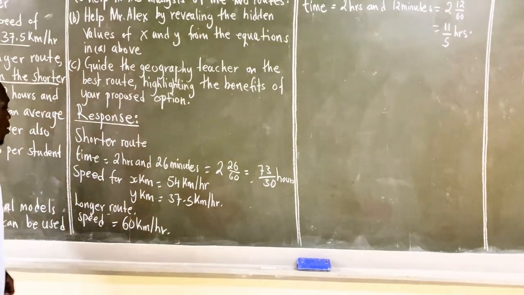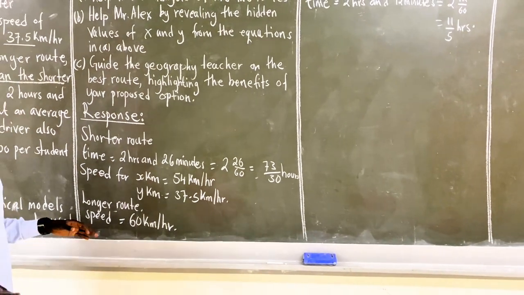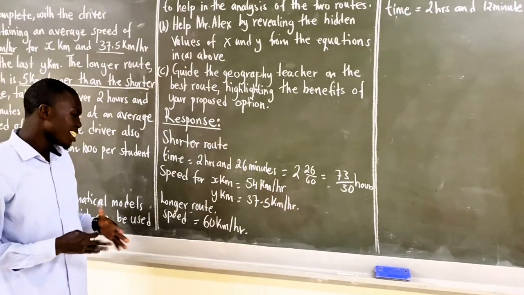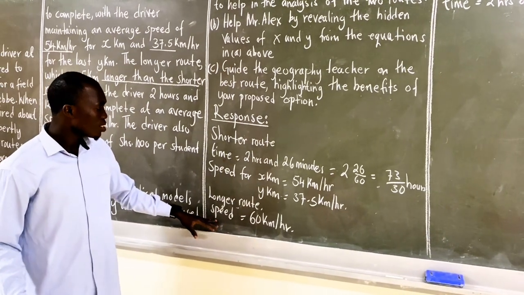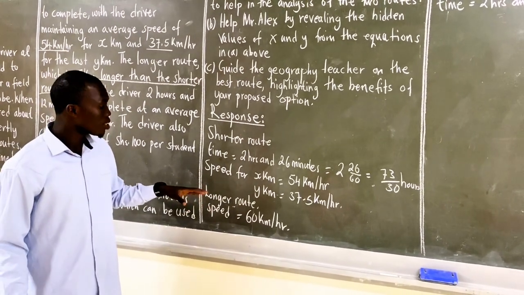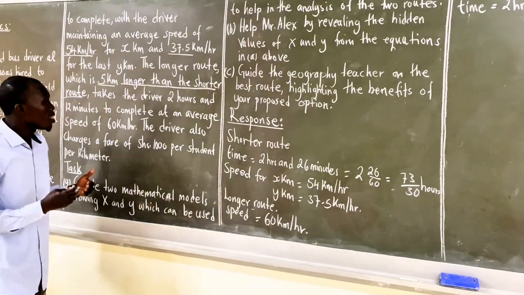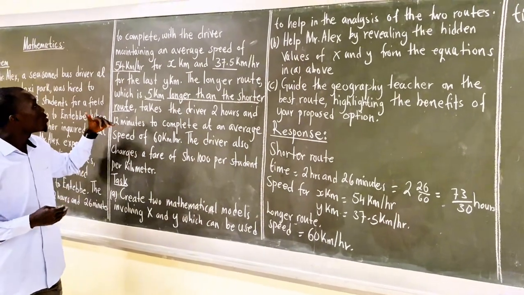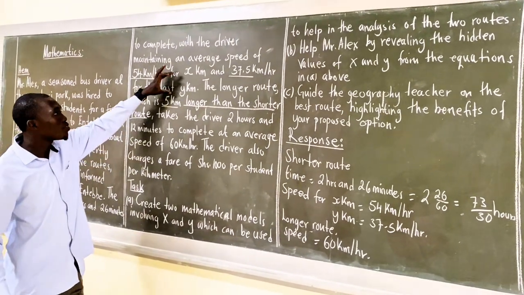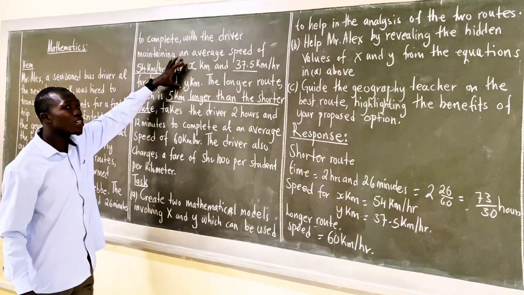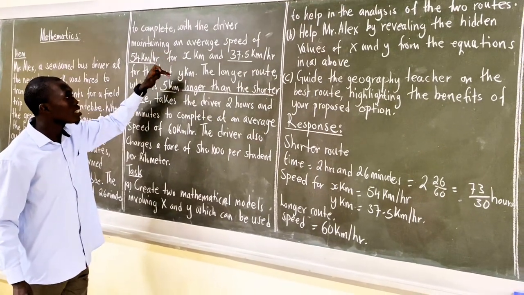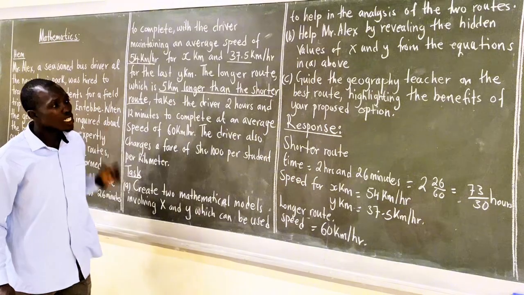So from this information, we can now get the total distance of the longer route. Then we relate that, and it will give us the first model in terms of the distance of the shorter route, which is x kilometers added to y kilometers.